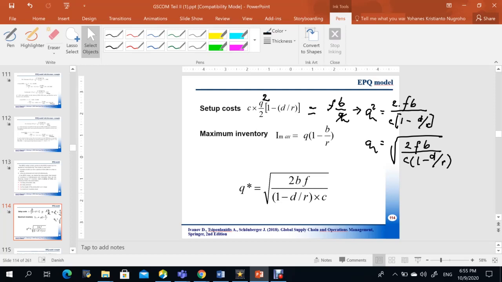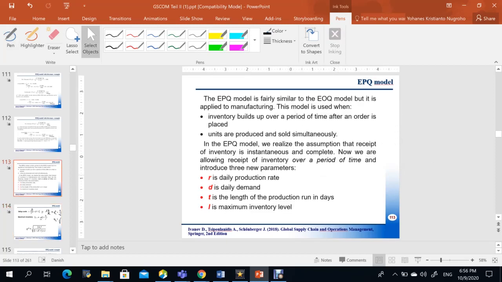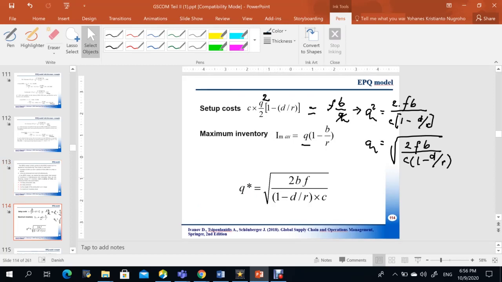We also have another formulation for the maximum inventory allowed, that is Q times 1 minus D over R. Similar to the formulation for economic production quantity, D is the demand and R is the production rate. Using these two equations, we assume that the capacity of a particular facility is always able to meet the demand.